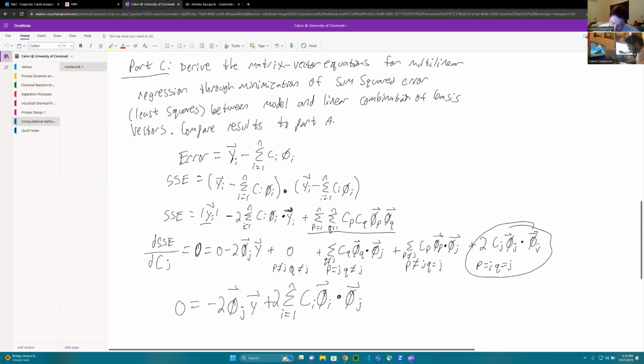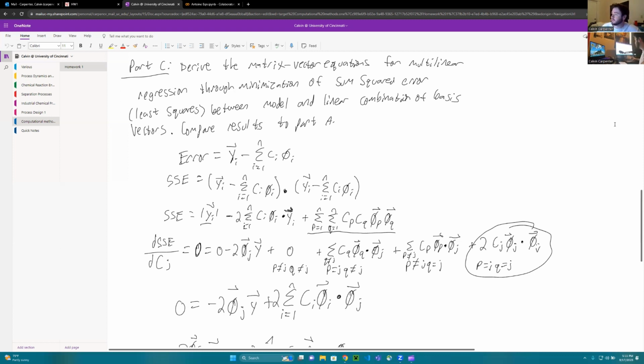So now if we separate these, we have 2 phi j y equals 2 times the summation of i equals 1 to n of ci phi i dot product phi j. Divide by 2, and then we're left with phi j y.